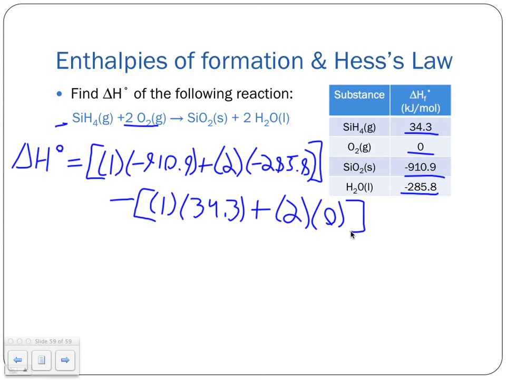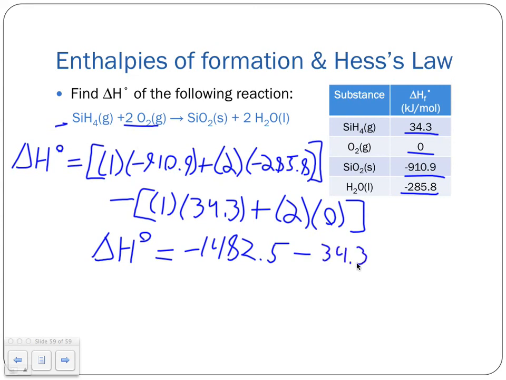So now it's just a matter of, once again, doing the math on it here. This is going to be 1 times negative 910.9 plus 2 times negative 285.8. If we do that, I end up getting negative 1482.5. Negative 1482.5 minus, in this case, 1 times 34.3. And so that's just 34.3.